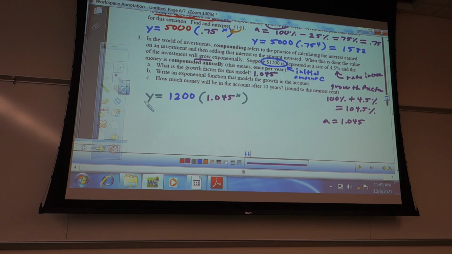This is part D. And then how much money will be there after 10 years? So we're going to pop in 10 for this. So here's C, y equals 1200 times 1.045 to the 10th power. And again, work from the inside out.